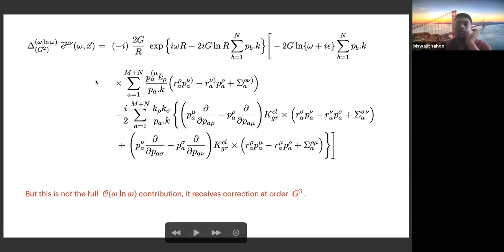So you have to do both a post-Minkowskian expansion in powers of g as well as in powers of omega to get the spin dependent omega log omega piece. But the other cases which I mentioned, the log omega or the omega log omega whole square which appears as the leading non-analytic piece, are completely determined at that order of g. These are exact at that order of g and don't receive correction from higher g. G is the gravitational constant.